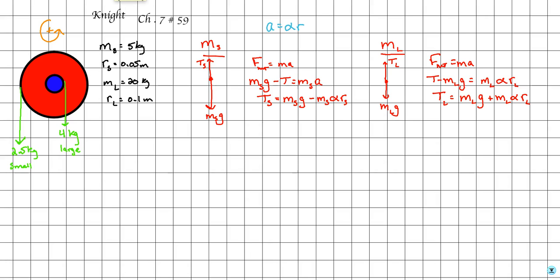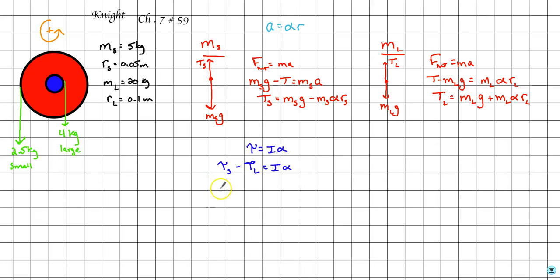And now we can find the actual angular acceleration for this pulley. It's going to take a little bit of work. We know that torque is equal to I alpha. The net torque is the torque from the small one, the tension of the small, minus the torque of the large, equal to I times alpha.